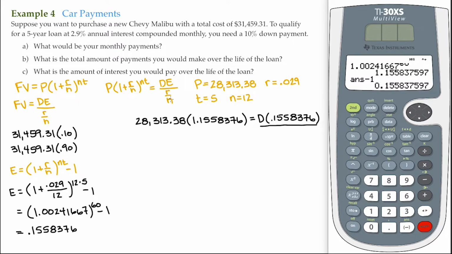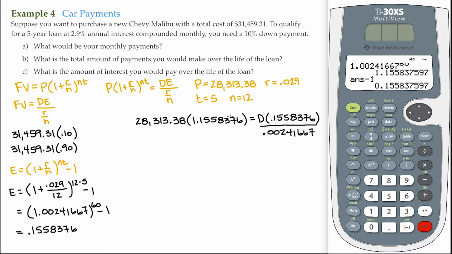Then we divide that by R over N, that's this right here, 0.0241667. So a lot of the computation is taken care of for us as soon as we calculate E.